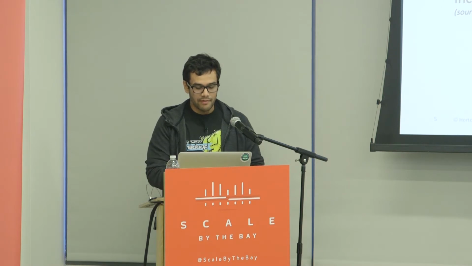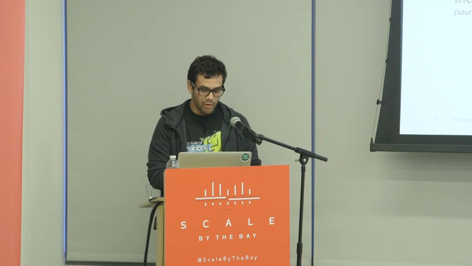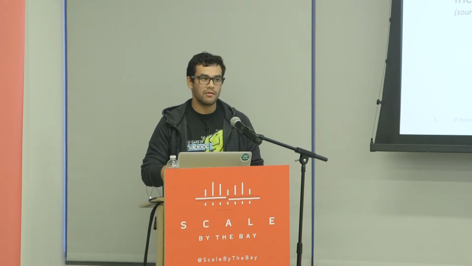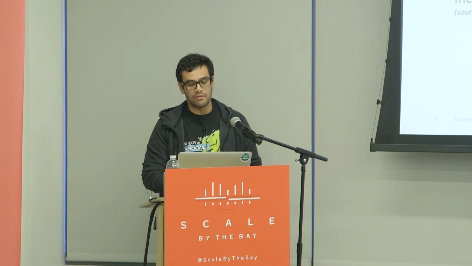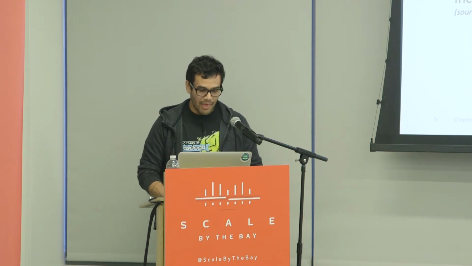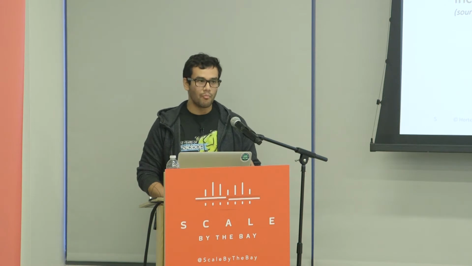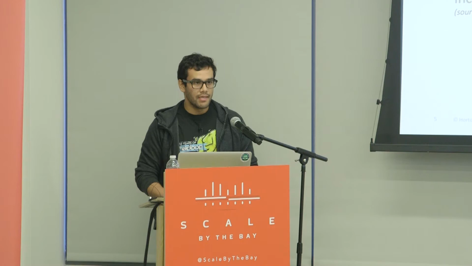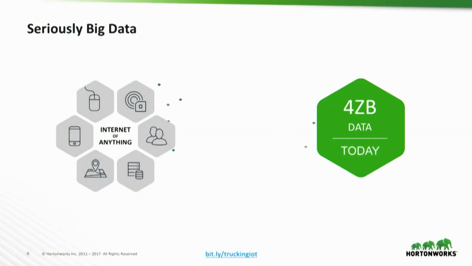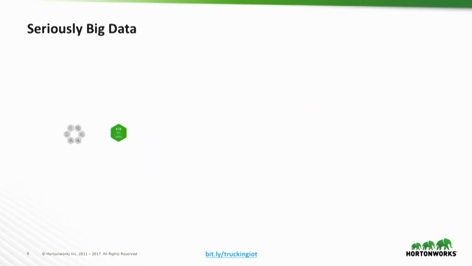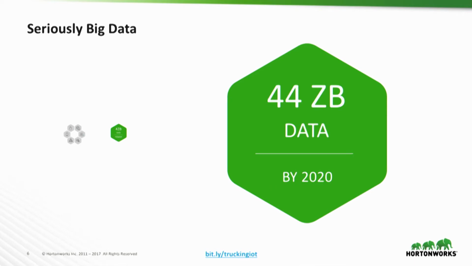A lot of the commodity devices that we carry with us have sensors. They can communicate and they can also compute very efficiently. So there's a lot of value in that. The convergence of these has created an unprecedented opportunity for distributed data solutions. If we're talking about 4 zettabytes today, then with exponential growth, it's 44 zettabytes by 2020.